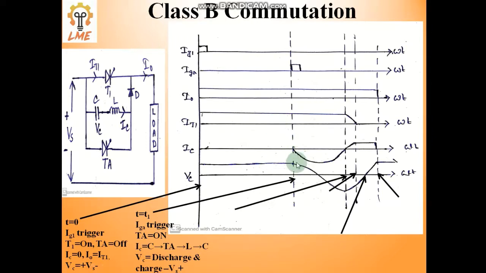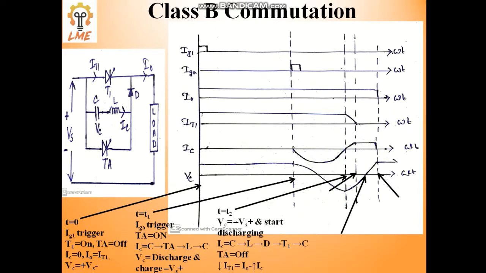So the capacitor discharges and charges in this way after triggering the auxiliary thyristor. From this point to this point, I hope there is no doubt. In this time the capacitor current starts increasing, then starts decreasing while it charges again. When it comes to fully charged, the capacitor current goes to 0. That is t equal to t2.